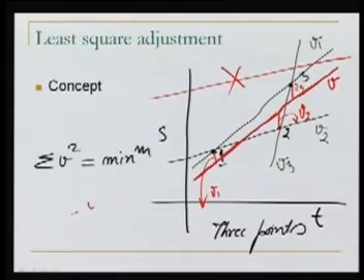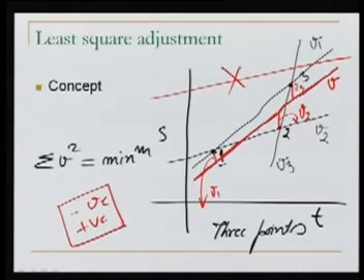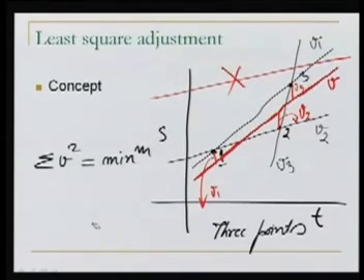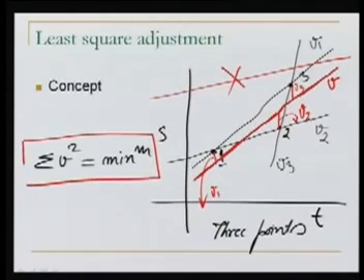These deviations are, some are negative and some are positive, isn't it? So we want to take all the deviations into account. So the way we try to achieve it is, we say that sum of square of all the residuals, all the deviations should be minimum.